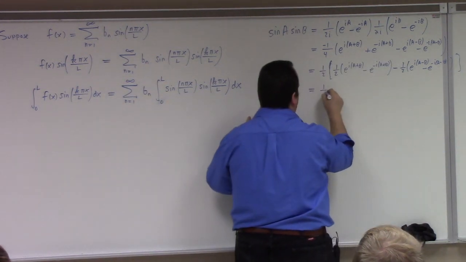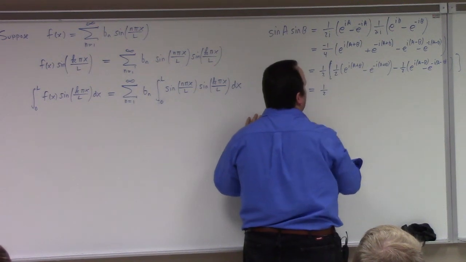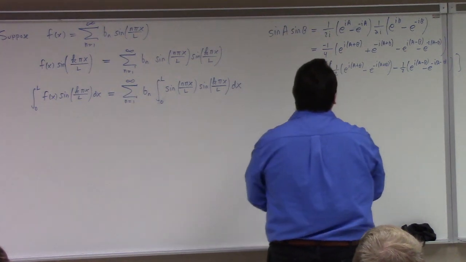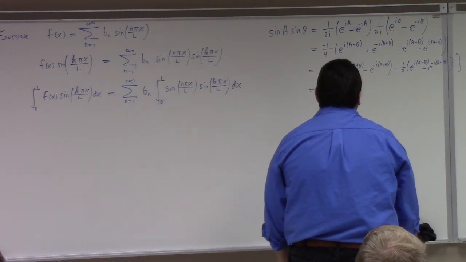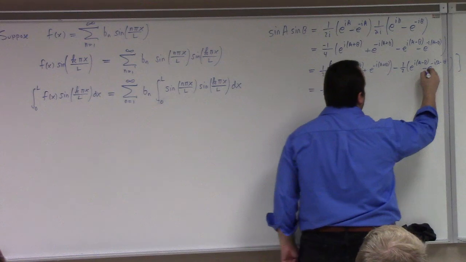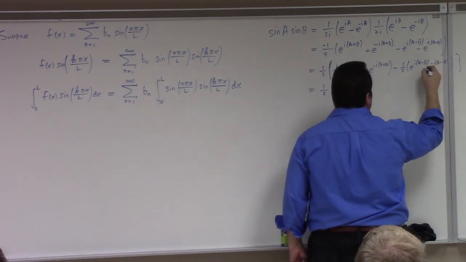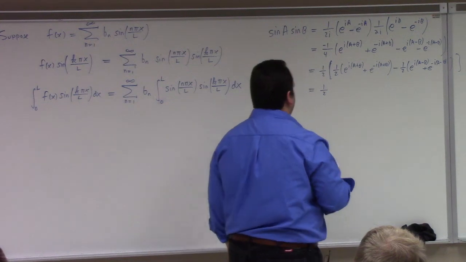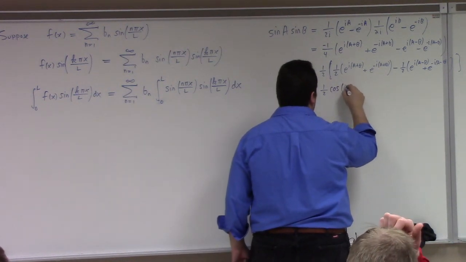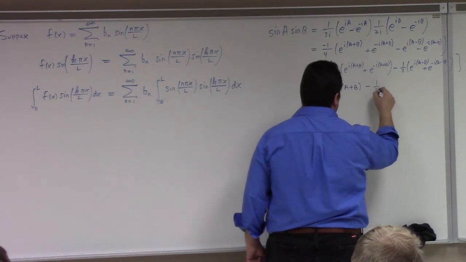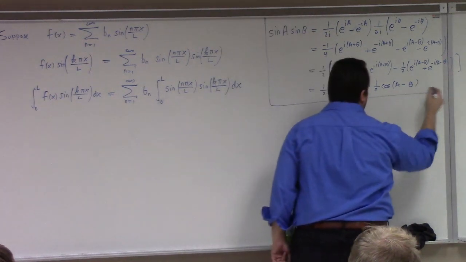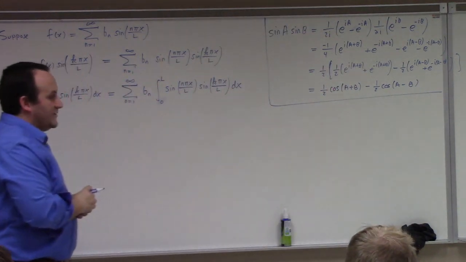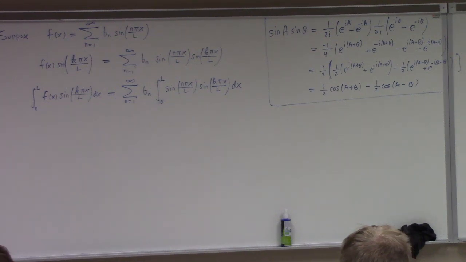And that is 1/2, oh man, plus. I was waiting for the sneeze, but okay, plus. So this is actually 1/2 of the cosine of a plus b minus 1/2 the cosine of a minus b. So there you go. This is the trig identity that gives you the product of sines in terms of a sum of cosines of the sum and difference of the angles.